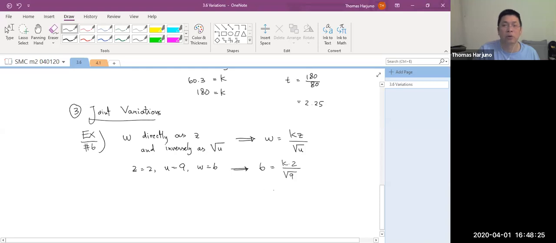So when I solve this, K equals 9. Therefore we can update our equation to be W equals 9Z over square root of U. That's the equation of the variation, and this is the constant of variation.